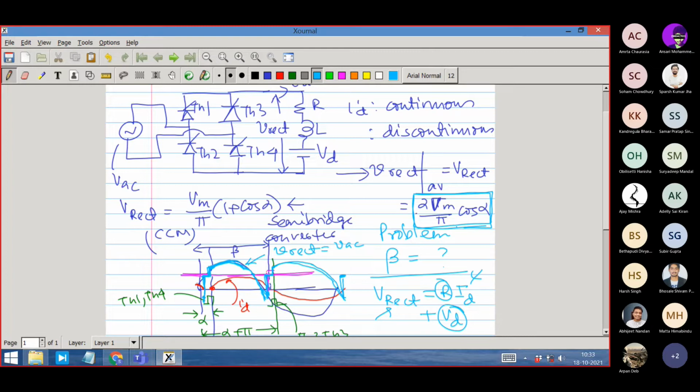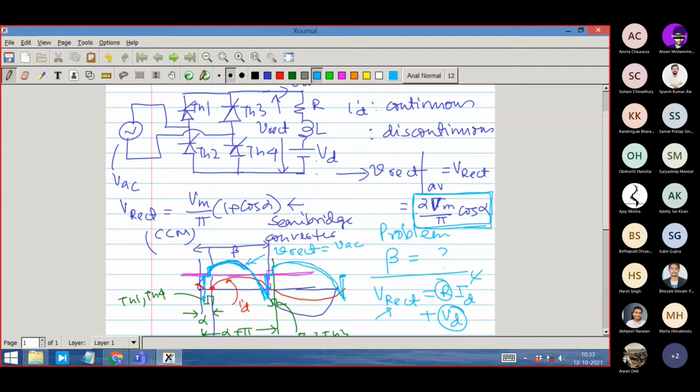In the continuous conduction mode, the average value of the rectified voltage is equal to R into I average plus Vd, right? That means it must be greater than Vd, right? The rectified voltage in the continuous conduction mode must be greater than Vd. So in other way, if Vd is greater than 2 Vm by pi cos alpha, it must be in the discontinuous conduction mode.